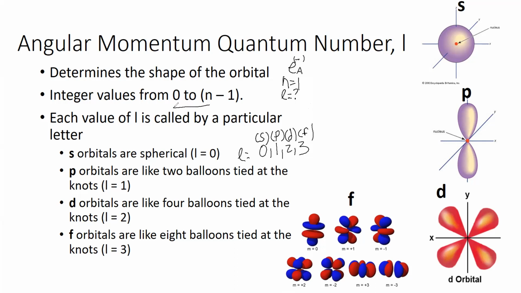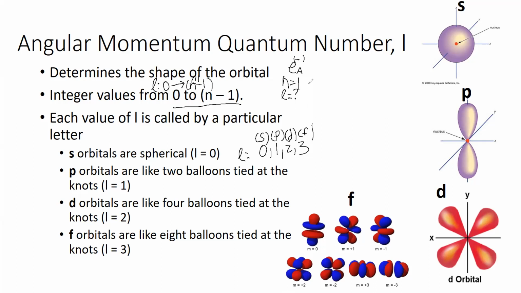That's where this comes into play. This says that values of L range from 0 to n minus 1. So if n is equal to 1, the possible value of L is 0, from 1 minus 1, which is 0.